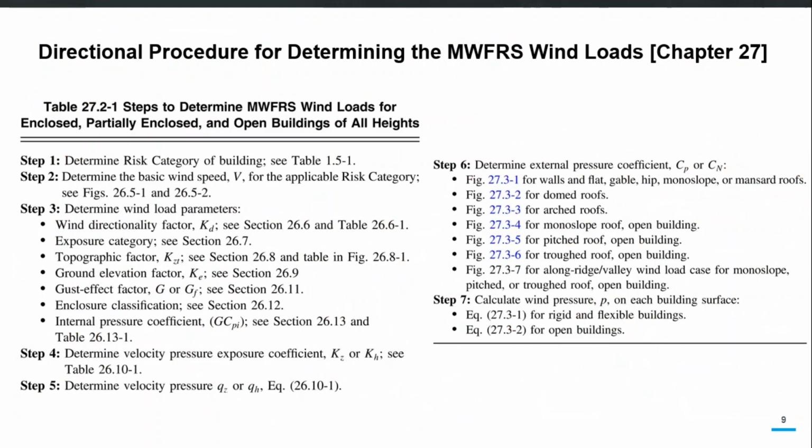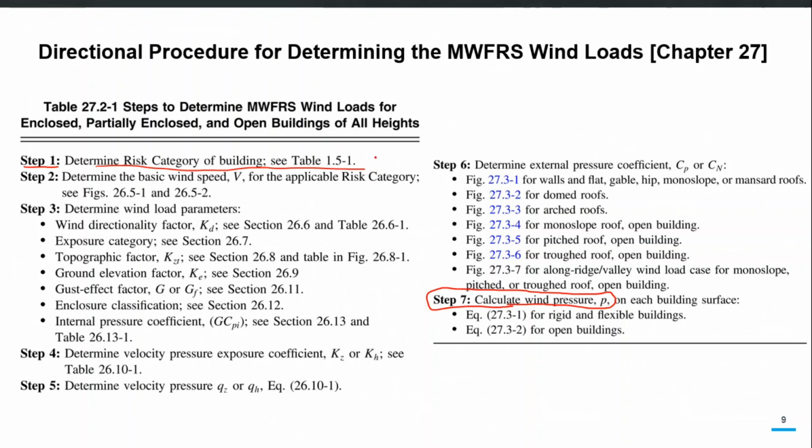So these are the calculation steps to finally calculate the wind pressure P, which I just showed you in the equation. In order to calculate that P, you have to follow all of those calculation steps. So first you start with the determination of the risk category of your building. This is a concept which is common between many types of loadings, for example seismic loading or wind loading and other types of loading also.